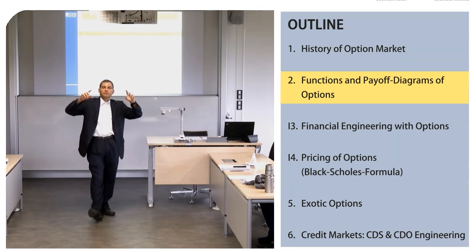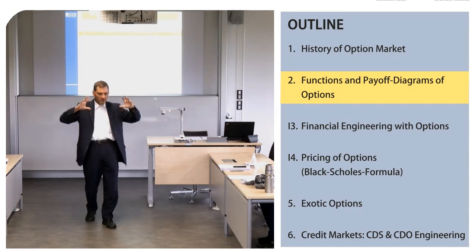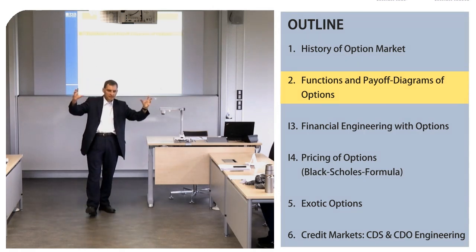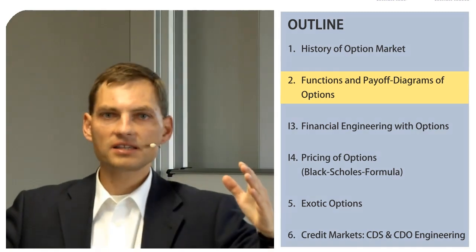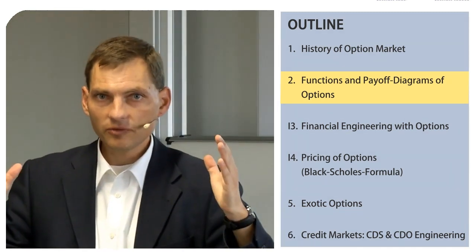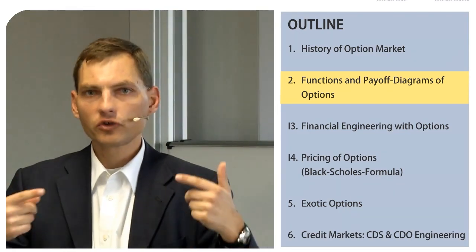So the question is, is the option really the generalized class of a derivative product? I would say yes, the option is the best example of a derivative, and it contains implicitly the idea of a future or forward contract. So if you understand the mechanism of an option, to understand a forward or a future contract is easy, because option contracts are more general.